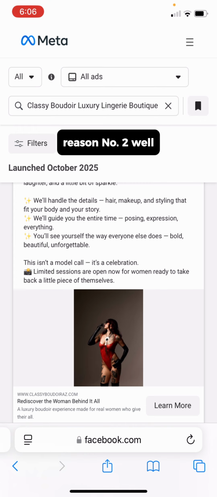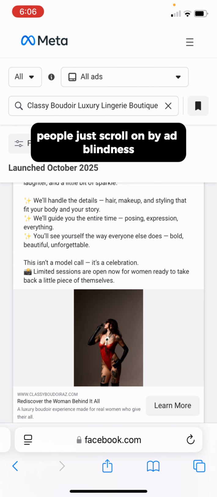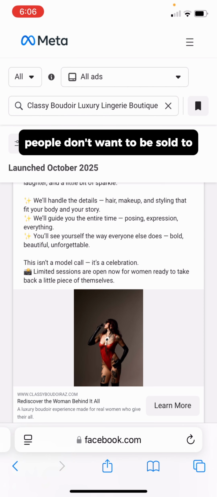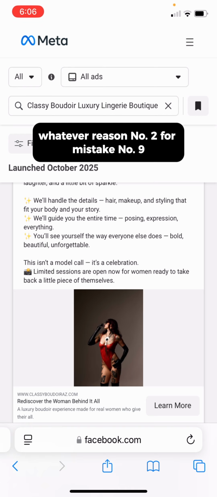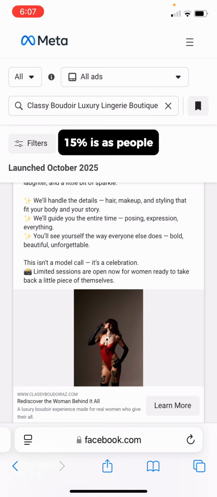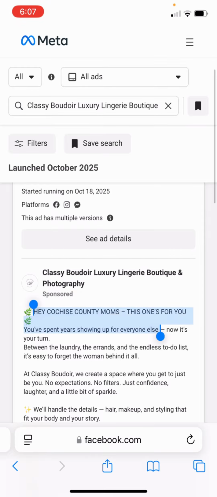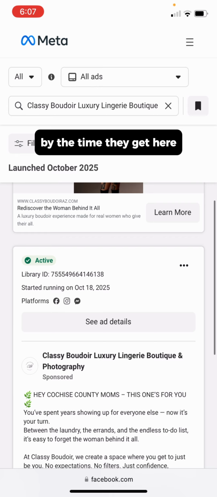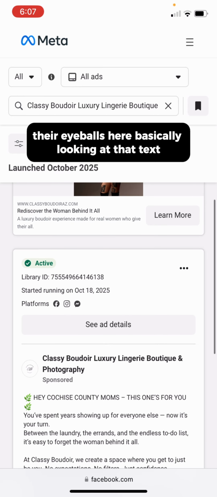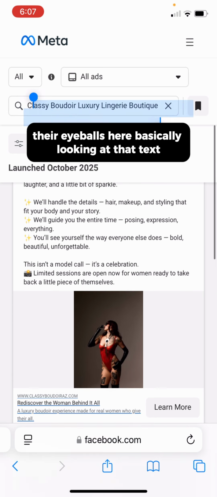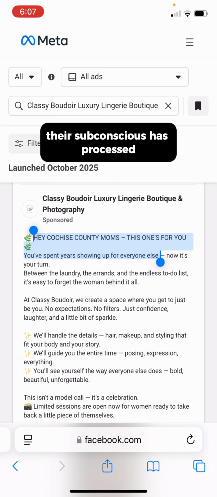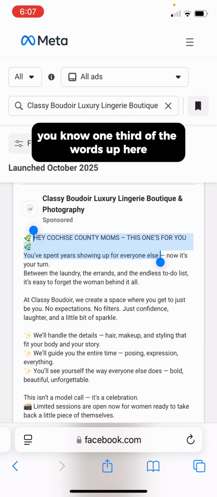Reason number 2. When something looks like an ad, people just scroll on by. Ad blindness, people don't want to be sold to. So less qualified leads, less sales, less bookings. Reason number 2 for mistake number 9, 15%: as women are scrolling fast on their feed, by the time they get here, their eyeballs are here, basically looking at that text, their subconscious has processed a third of the words up here, the phrases or words that stuck out.